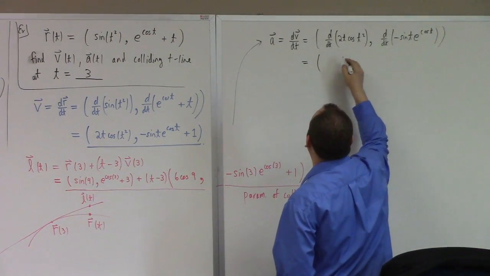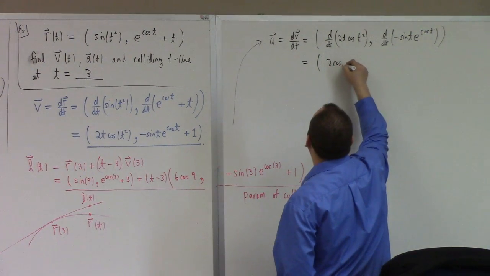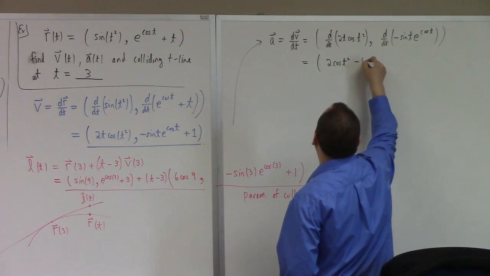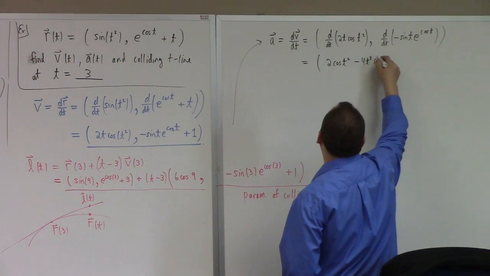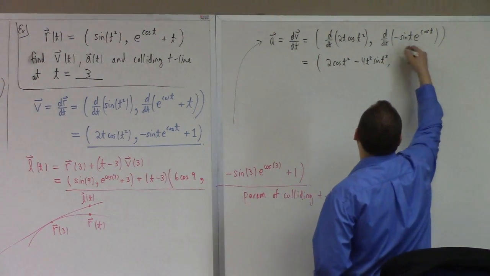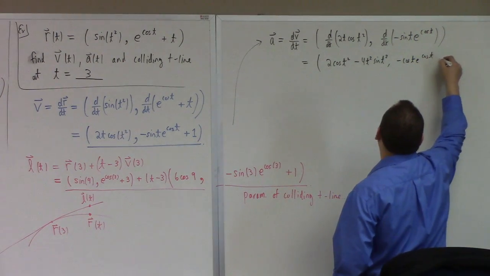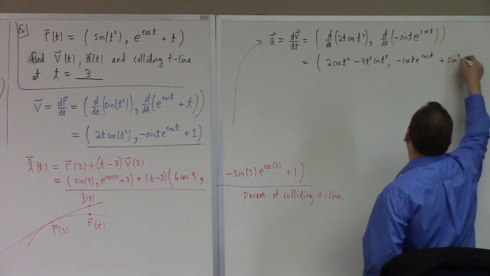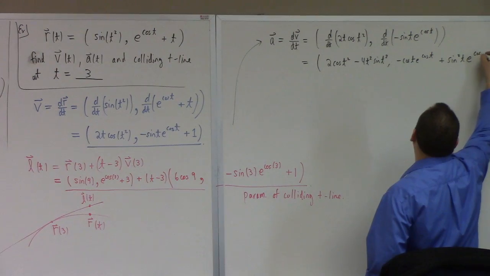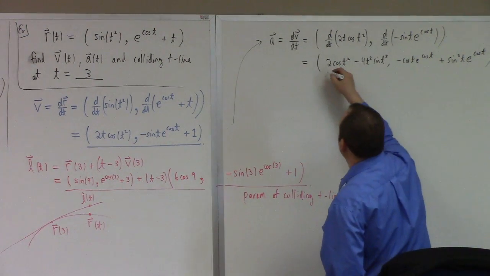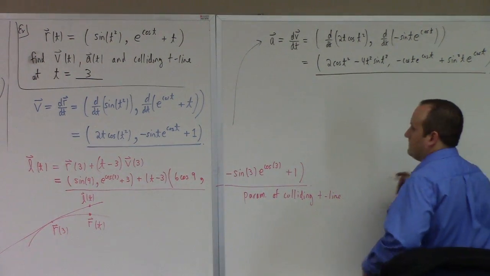And so I got two product rules to do, right? I got 2 cosine t squared minus 4t squared sine t squared. And over here I've got minus cosine t e to the cosine t plus sine squared t e to the cosine t. And there you have it. That's the acceleration at time t.